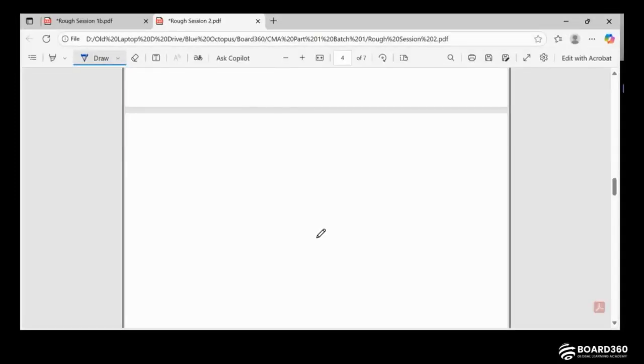Then taxes and revenue. So if we talk about taxes, I've given the hint before also that there are deferred taxes and current taxes.